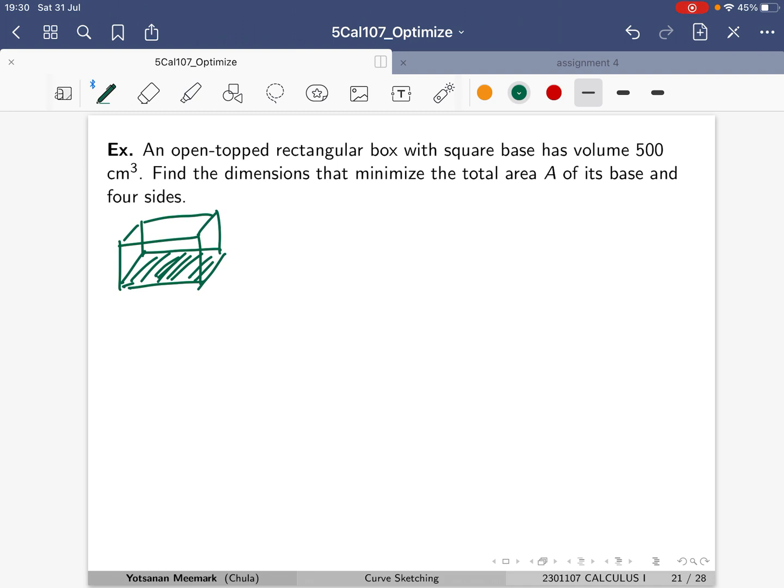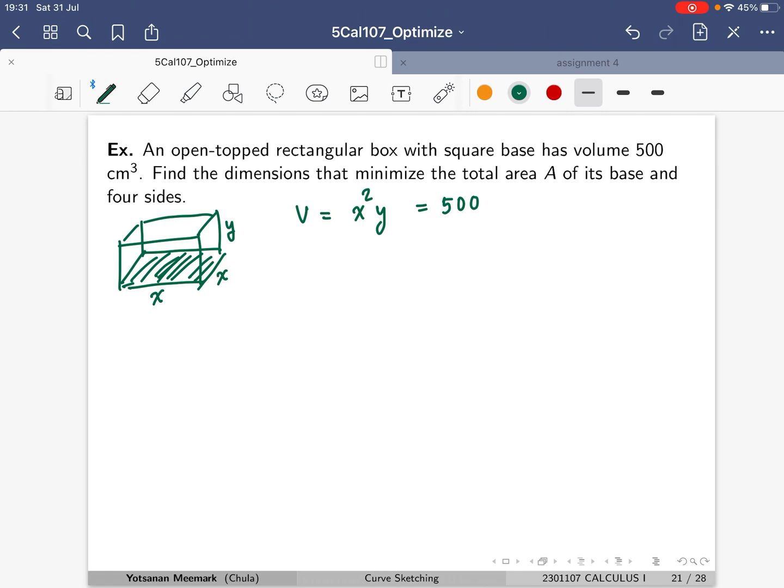This is not that square, right, but let's say this is x and x, and let's say that the height is y, and you need a volume to be 500 cubic centimeter, so it means that the volume, x squared y, must be 500, the area of the base multiplied by the height.